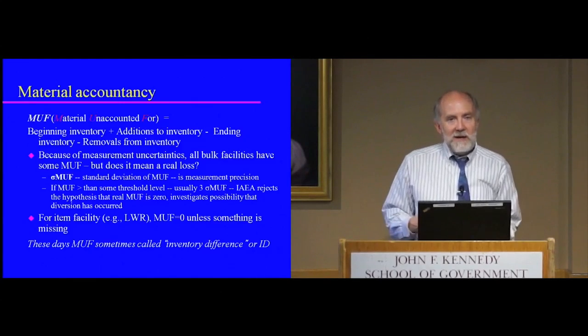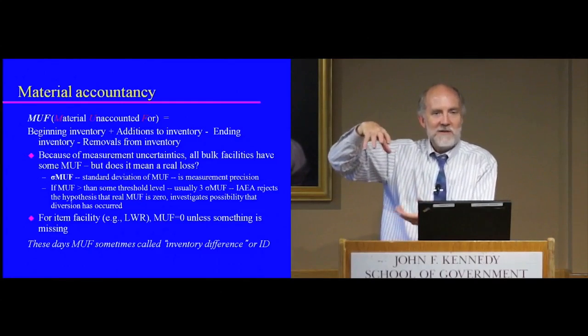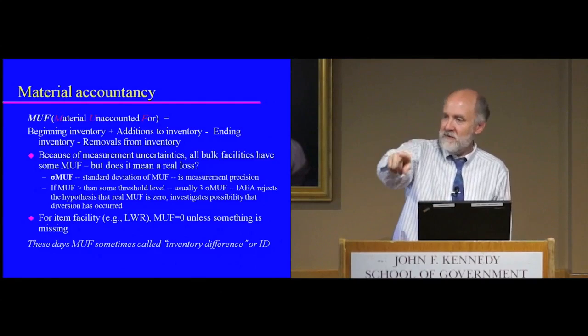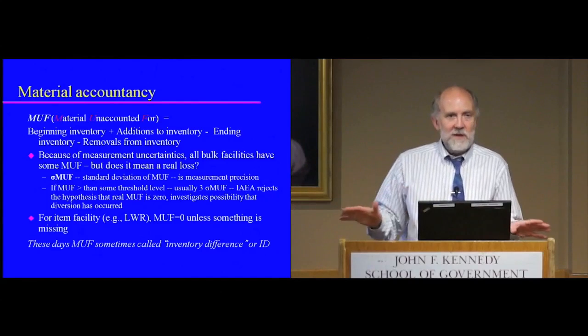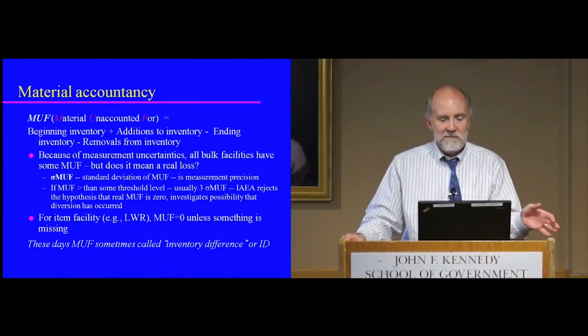Now, if you have an item facility where you've just got solid objects, you can just count them and say, okay, the declaration says there are 6, and there's 1, 2, 3, 4, 5, 6. I'm done. So normally there, the MUF should be 0 unless something is missing.